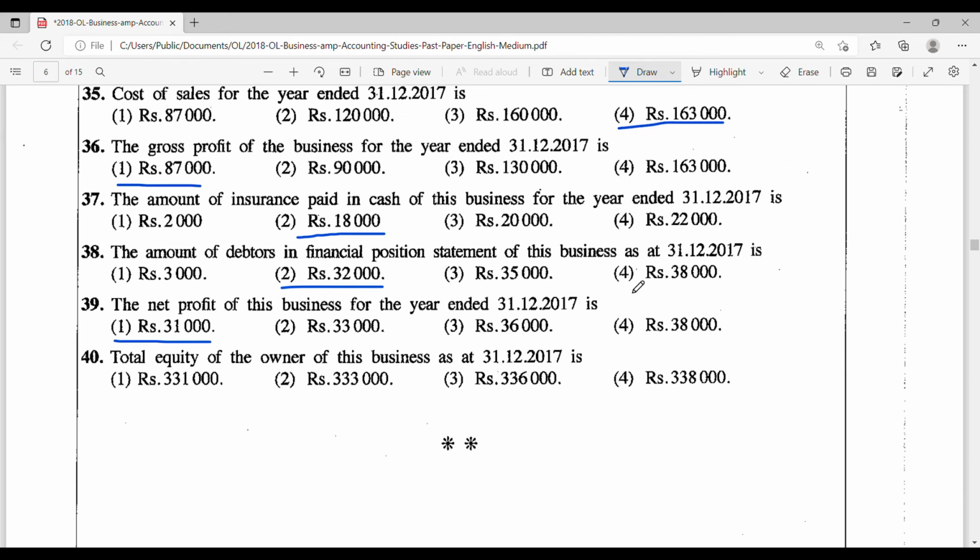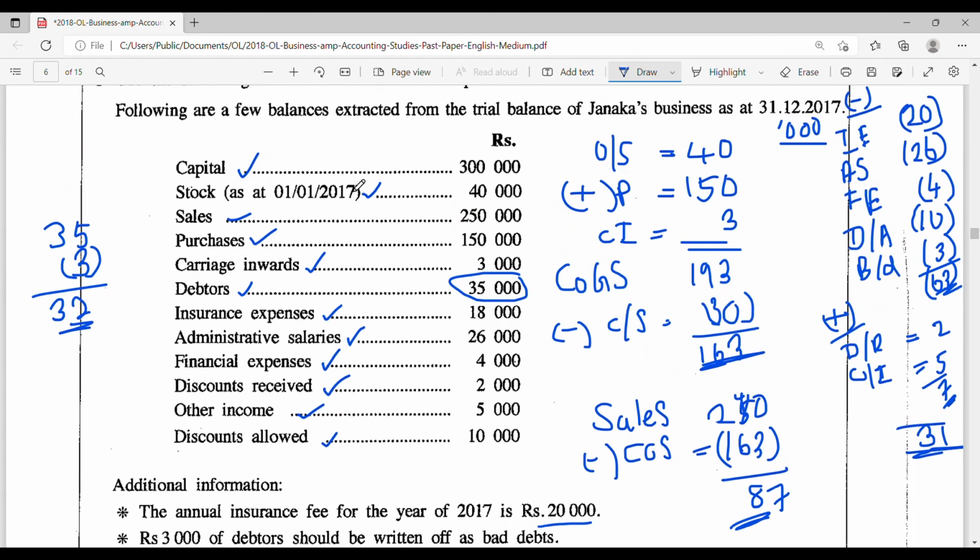Final question, question number 40. Total equity of the owner of this business as at 31st December 2017 is. They have given you the opening capital of 300,000. Now you need to find the closing capital. So opening capital plus the net profit, minus any drawings, minus any losses that you had to bear, you will get the closing capital.